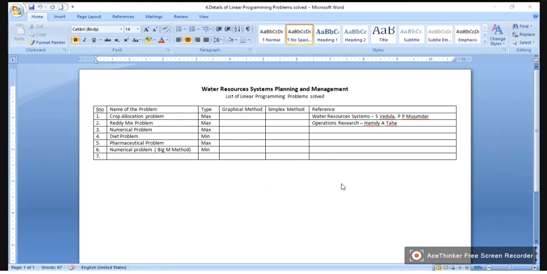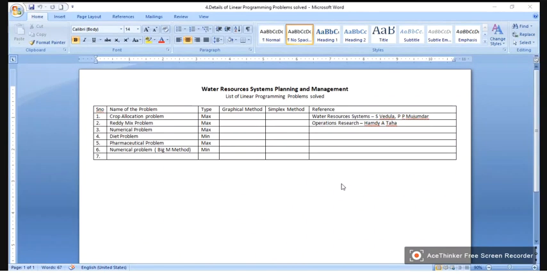So I repeat the clue. If all the constraints are less than or equal type, we can use the simplex method, which you are familiar with or which you have used. But if any one constraint is greater than or equal type or equal type, we have to use big M method.